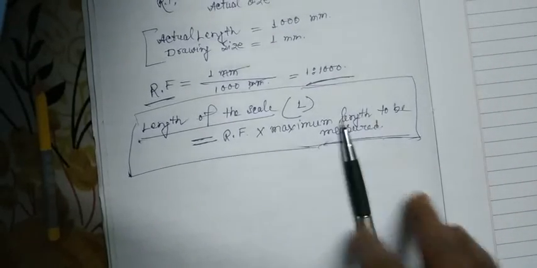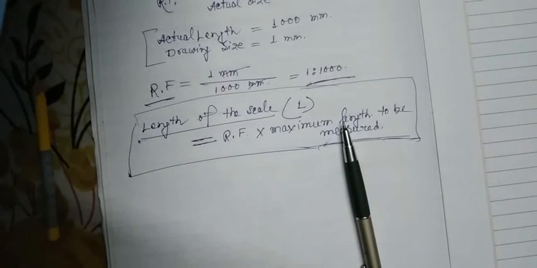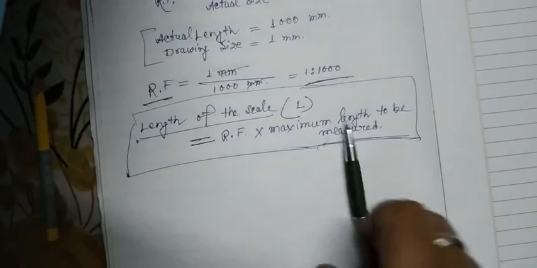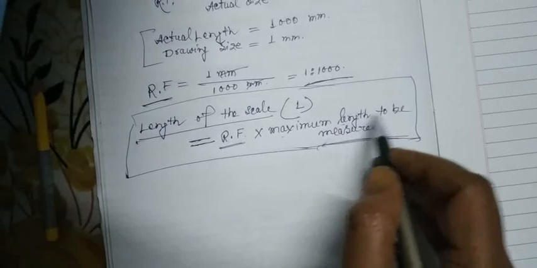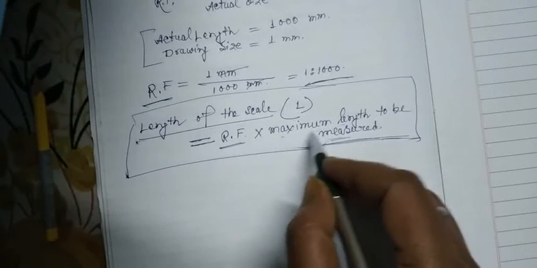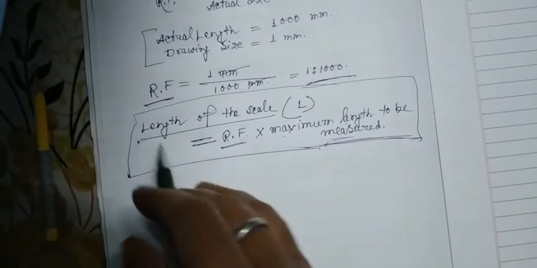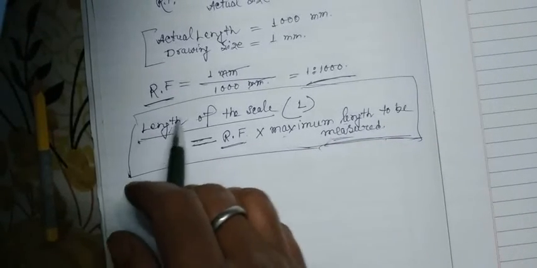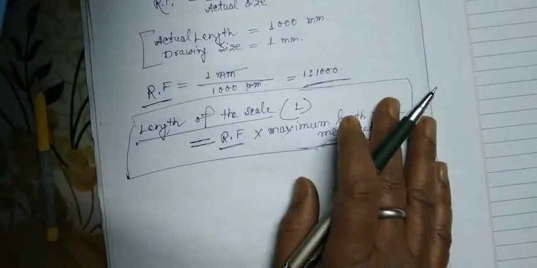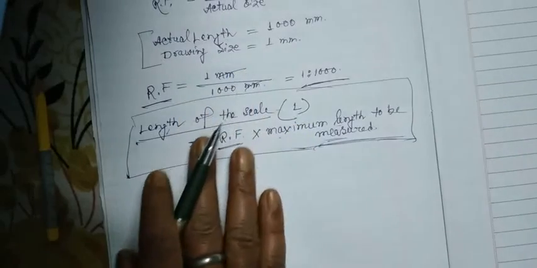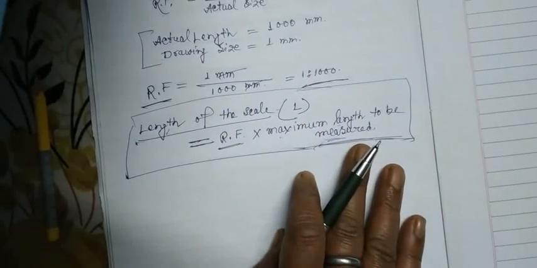Suppose we want to draw a scale, how can we calculate its length? If we know the RF and the maximum length to be measured, then we can easily calculate the length of the scale.